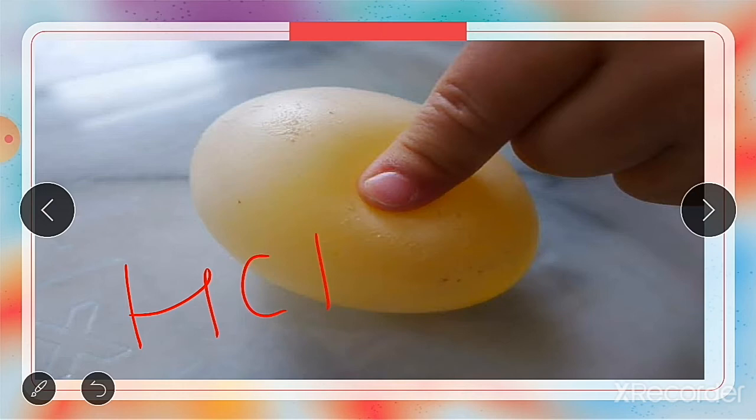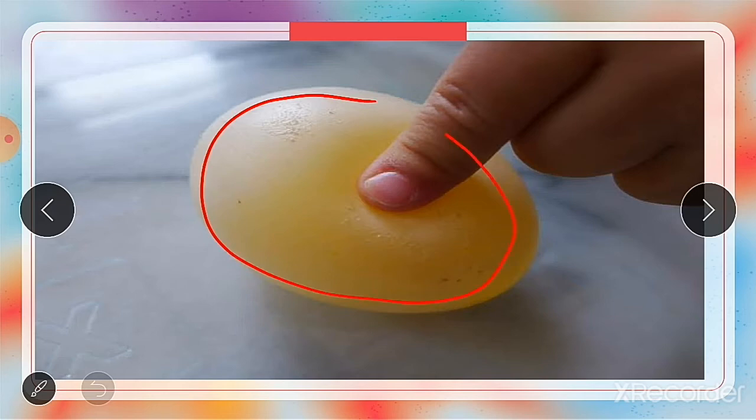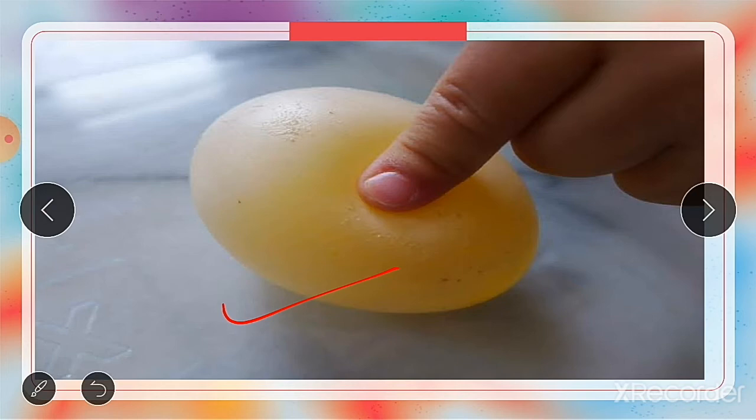The shell of an egg is made up mainly of calcium carbonate, and that shell will be dissolved in the hydrochloric acid solution. A thick outer skin called shell membrane is present below that shell, and this encloses the egg. So here you can see the egg without eggshell.